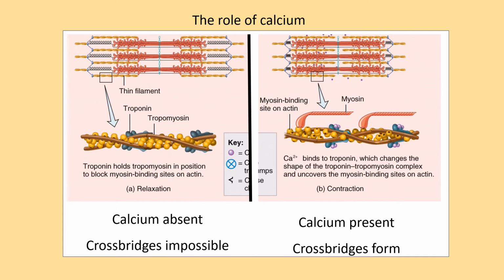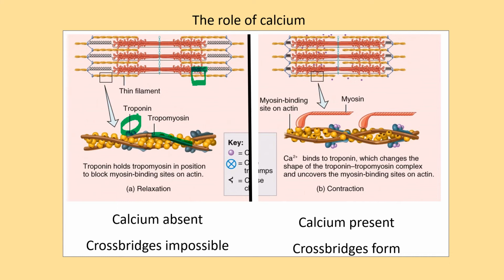When calcium is not present, it's not bound to troponin, so we don't see any calcium here. And this tropomyosin, the whole wheat spaghetti, is blocking the myosin binding sites on actin. The actin's not really super represented here, but the myosin heads cannot physically connect to actin.